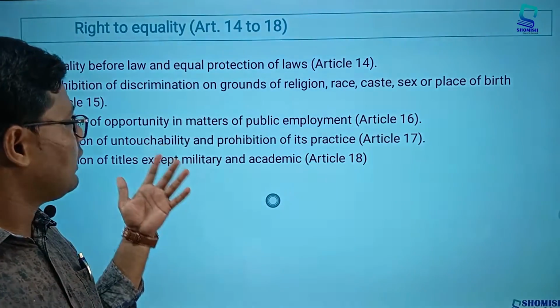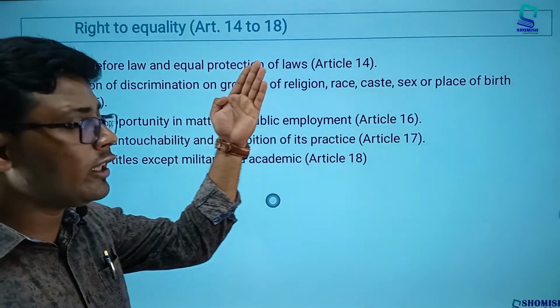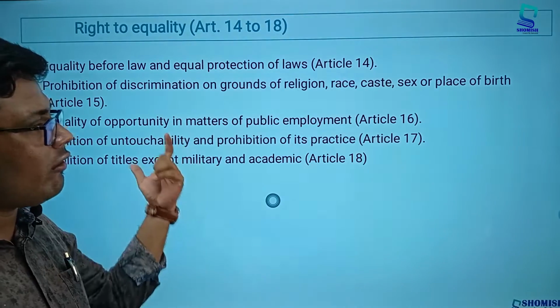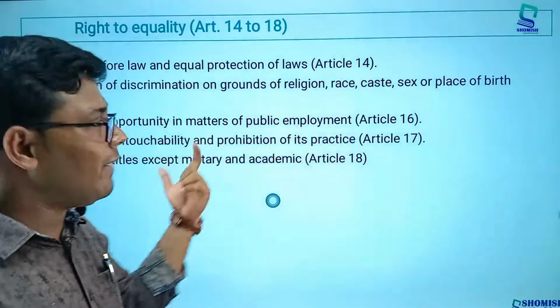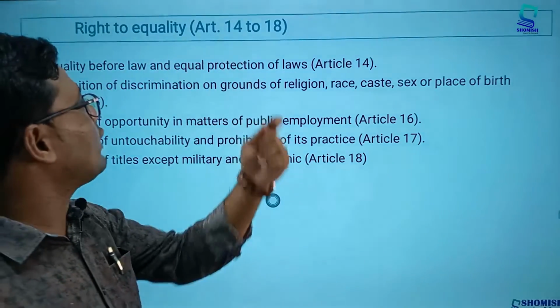So right to equality comes under Article 14 to 18. Here 4 rights actually make up this portion.